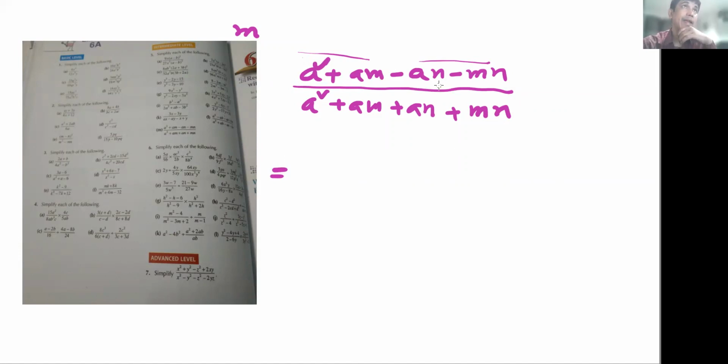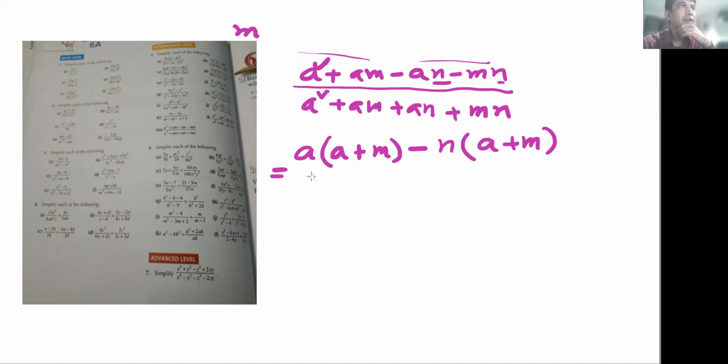Here n is common, right? So if we take a as common, it will come a plus m, right? Then minus, if we take n as common, it will be a plus m.